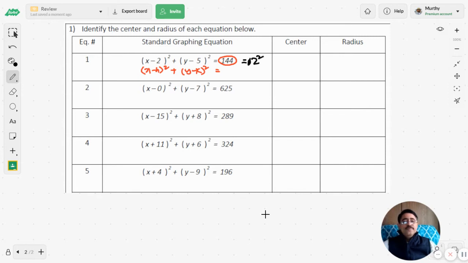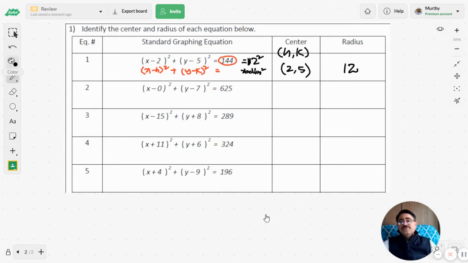Therefore, this equals radius squared. Center is (h, k). Therefore, what is the h value here? It is 2. Please do not take the negative sign there. And the value of k is 5. And for the radius, please don't get tempted to take this value. It is not 144. It is equal to 12 squared. Therefore, radius equals 12.